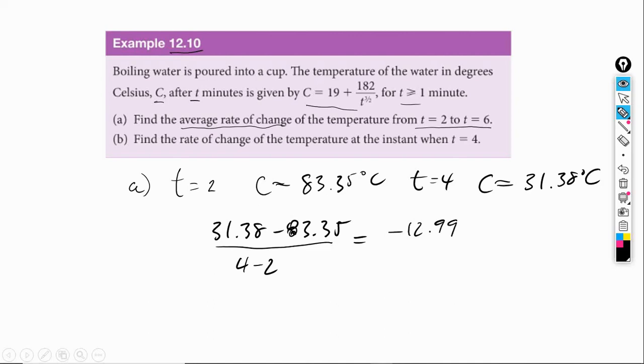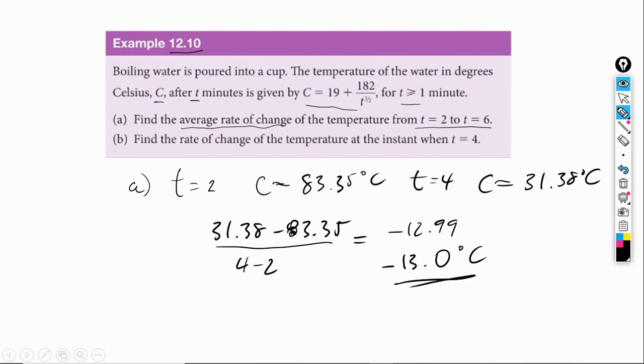So the answer would be that the average rate of change of the temperature from t equals 2 to t equals 6 would be, writing this in 3 significant figures, minus 13.0 degrees Celsius. So the temperature is dropping at an average of 13 degrees Celsius. So that would be A.